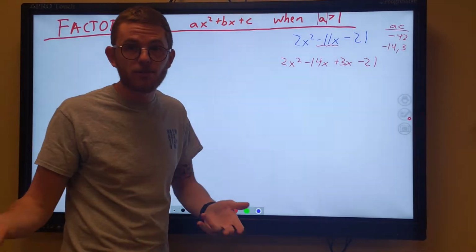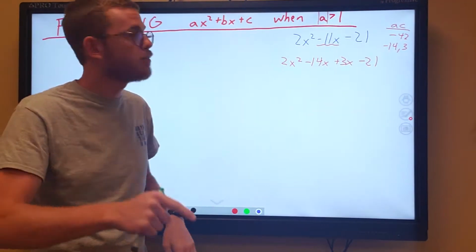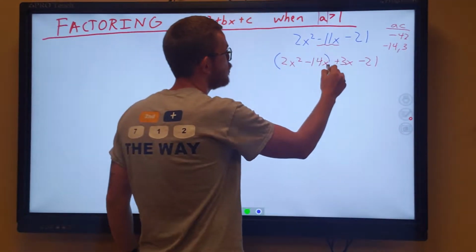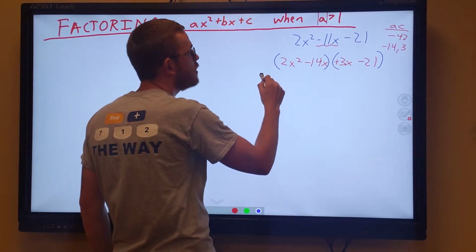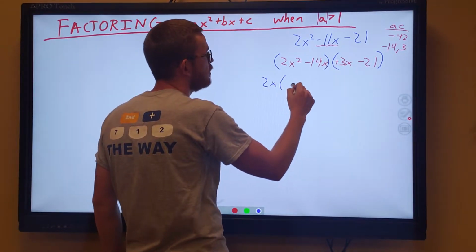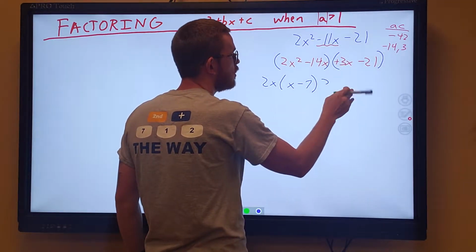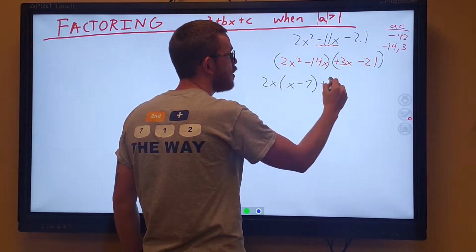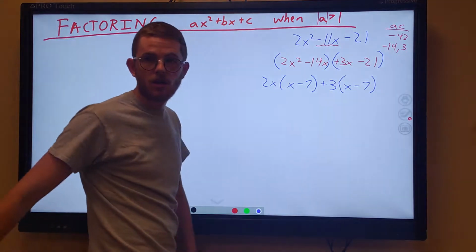Maybe not nicer, but it's going to be easier to deal with because when we have 4 terms, we can factor by grouping. I can group the first 2 terms, I can group the second 2 terms, pull out what's in common, 2x, leaving us with x minus 7. What's in common here? A positive 3, leaving us with x minus 7.